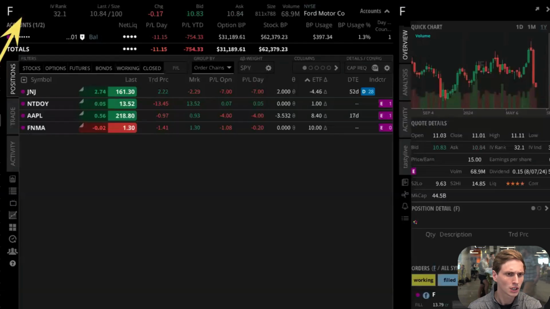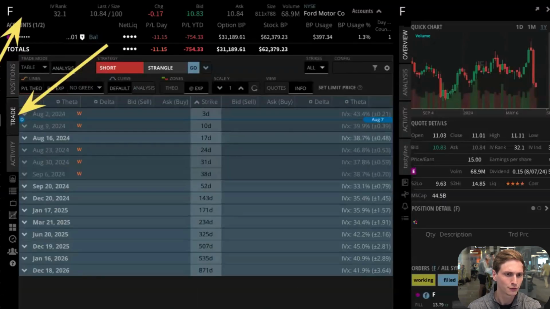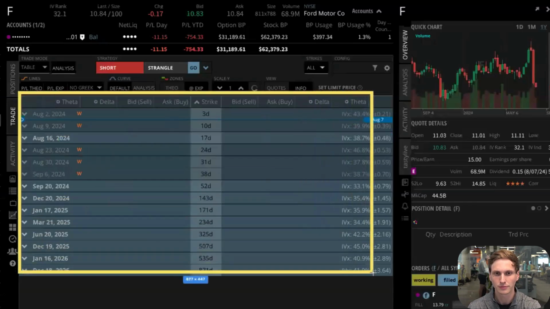And right now we are in the Positions tab where we manage our open positions. But once we're ready to place a new trade, we'll go ahead to the Trade tab here on our left side navigation bar. So you see positions there, and then we'll go to Trade. By default, you're going to be taken to our trade table.